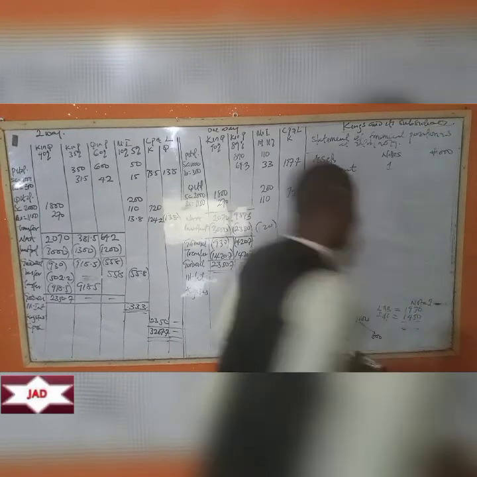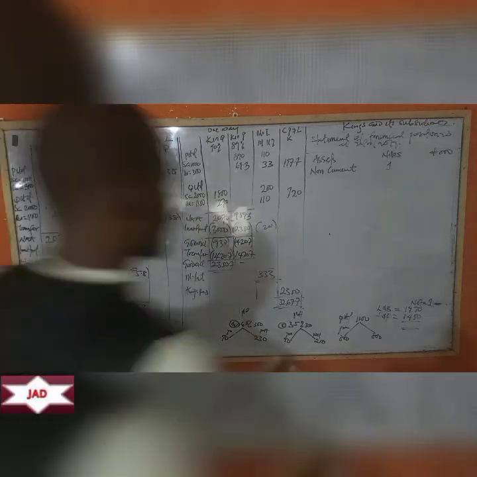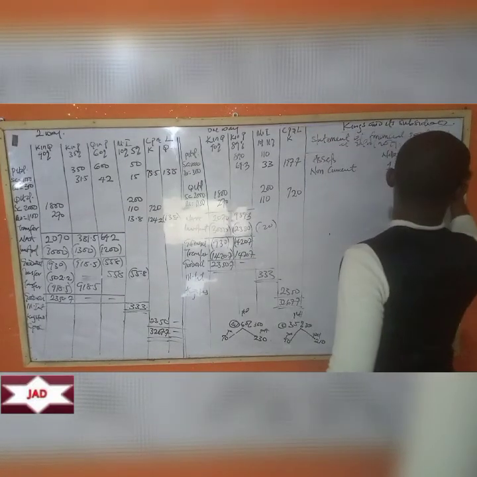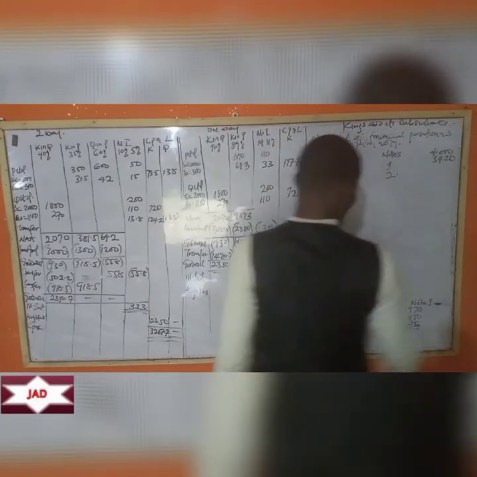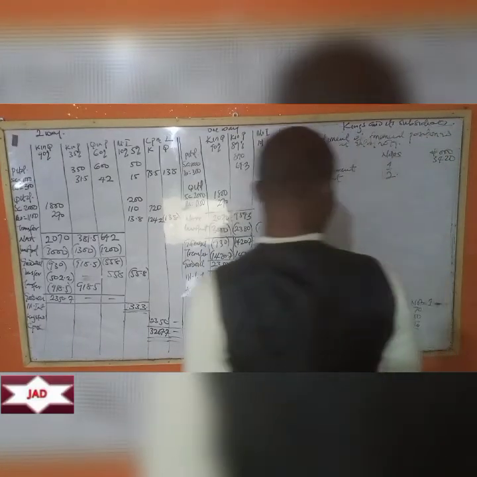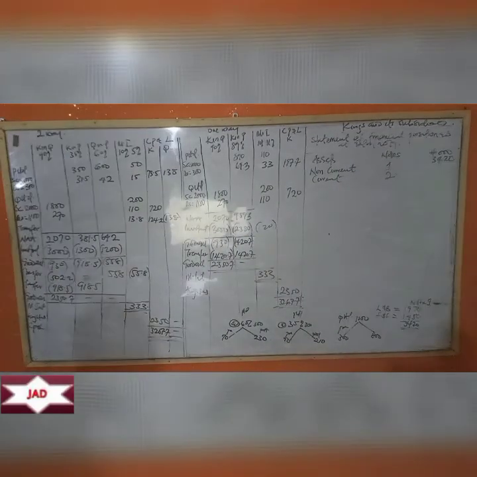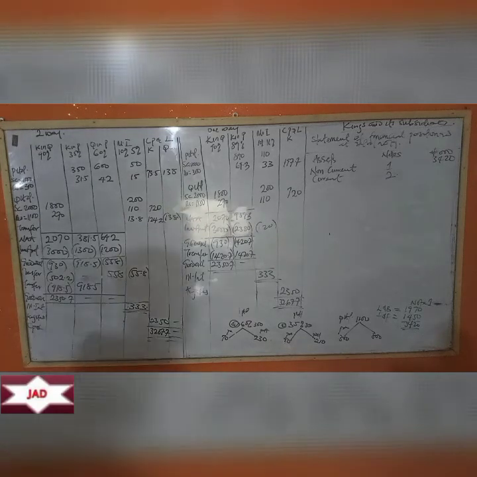The total will be 1970 plus 1,450. 3,420. So we have current with note 2. So what's the current there? We have debtors.